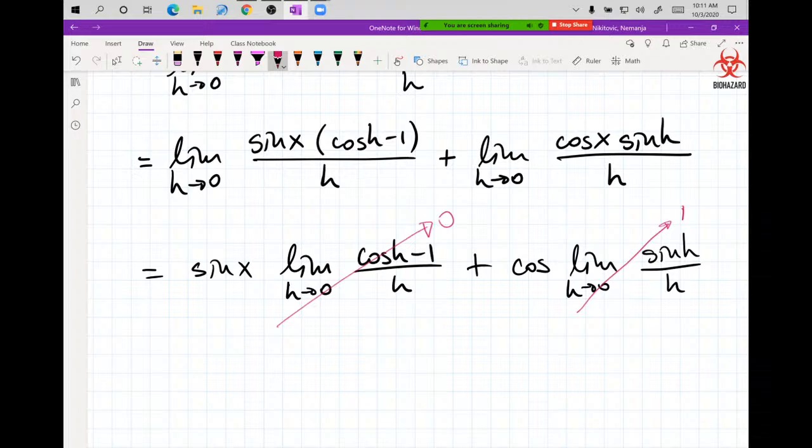Now, these limits are listed as special limits to memorize in the calculus textbook. I do not bother students with memorizing these limits because in chapter 4, you will learn the proper way to solve these limits, which is the reason why I do not expect you to memorize them now, because eventually you are going to learn how to compute them.